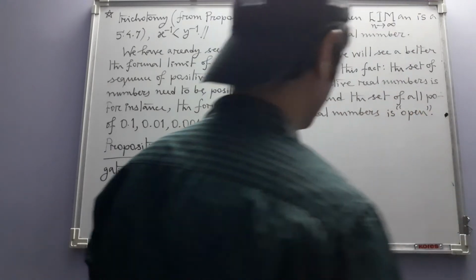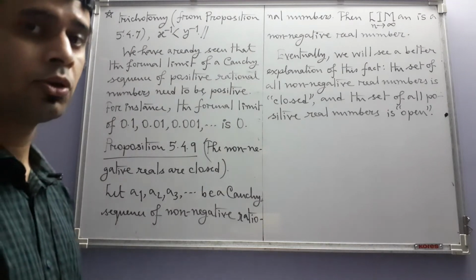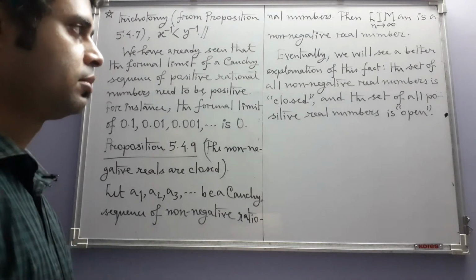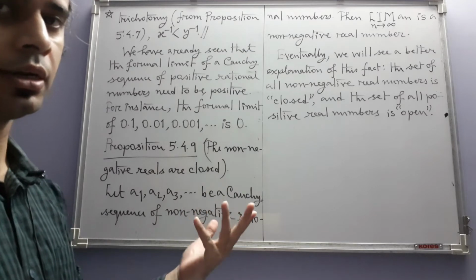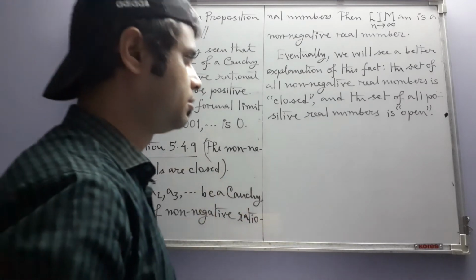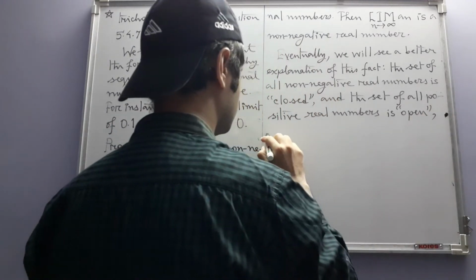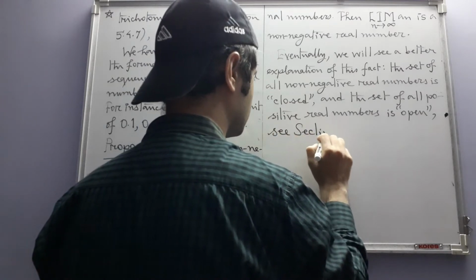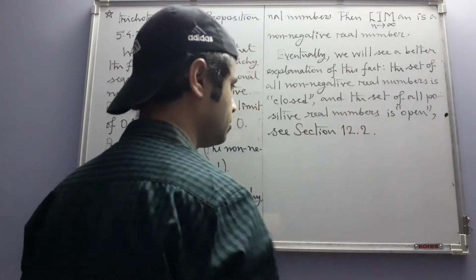These are some terms which come from a part of mathematics known as topology. We will come across topology in our study of metric spaces in Analysis 2 by Tao, the second part of this book. But for this, there is time, see section 12.2.